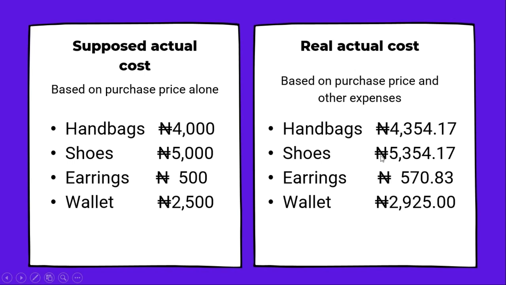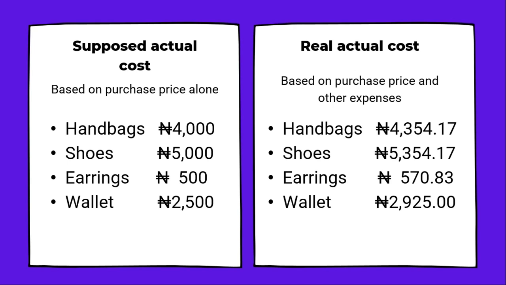Same for shoes, you'll be losing another 354 naira on each item. Now, if you add all those amounts together, they are actually material, and that's why it's important that you consider the other costs that you've incurred before you decide your price.